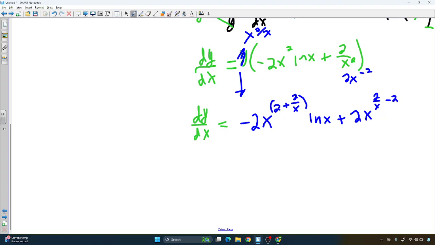I'm trying to take a quick look. I'm looking at my other screen. So 2x, okay, so they took out 2x. They took out 2x, and then they took out 2 over x minus 2.